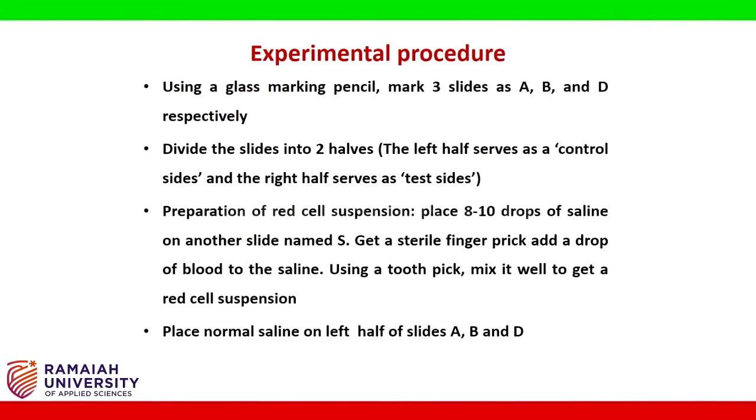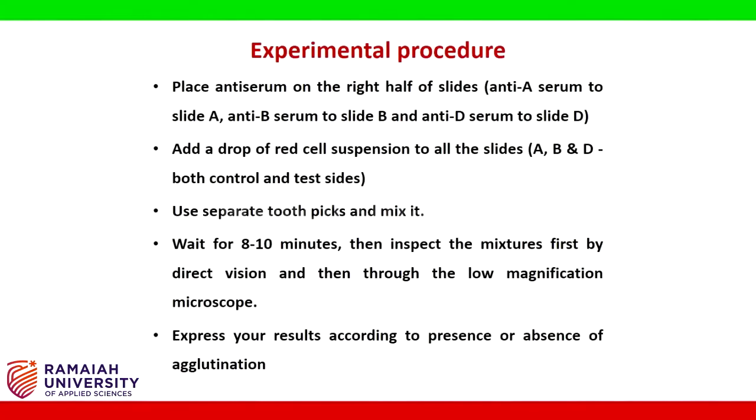Place normal saline on left half of the slides A, B and D, which serves as control. Place antiserum on the right half of the slides, antisera A to slide A, antisera B to slide B and antisera D to slide D. Add a drop of red cell suspension to all the slides.